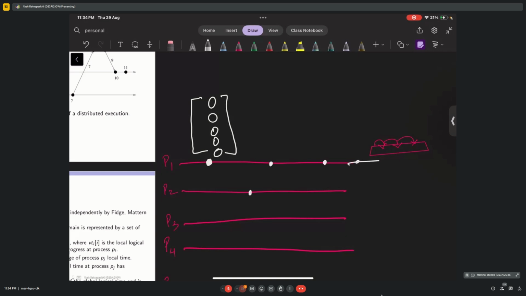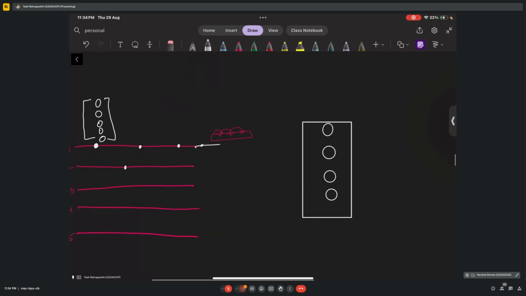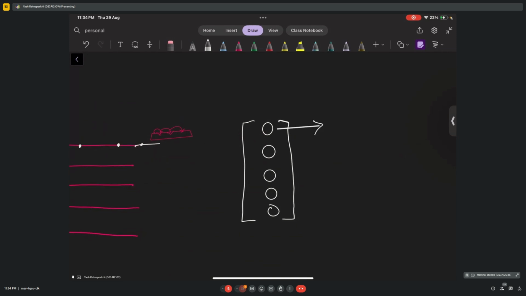Every process will have this value. Again, let me give a broader view of it. Understand it very carefully, guys. Very easy to understand. Just listen carefully once, it is very easy.